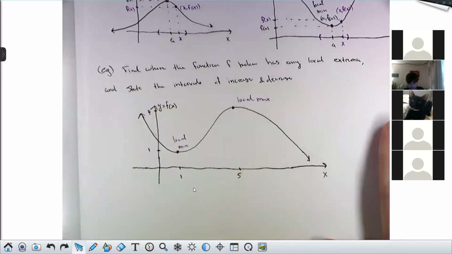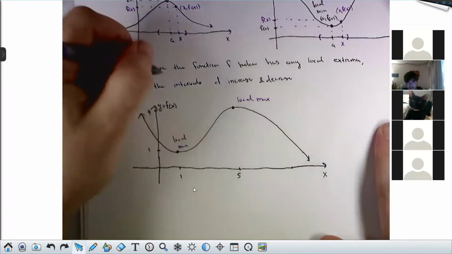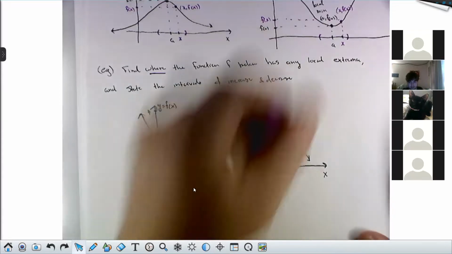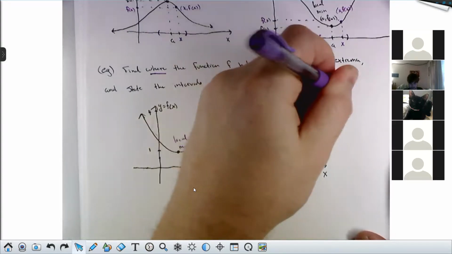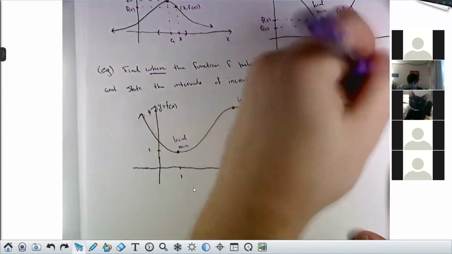And the vocabulary here, we would say, if I ask you where is the max, that's the x value. Remember, where always means for what input. So I'd say f has a local min at x equals 1.